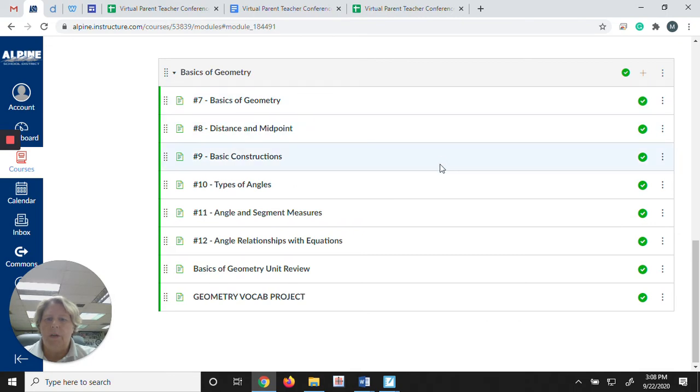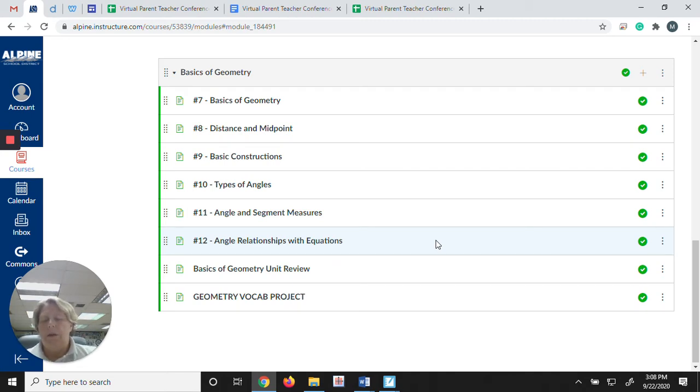So we have actually covered all of the lessons for our geometry unit. We finished that today, the 22nd of September. So on Thursday, the 24th, we will do a unit review and go through and remind ourselves about all of those concepts that we've already discussed.